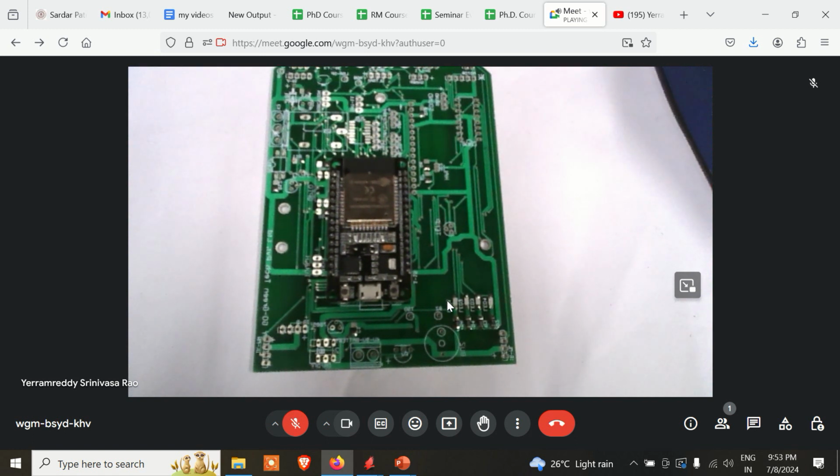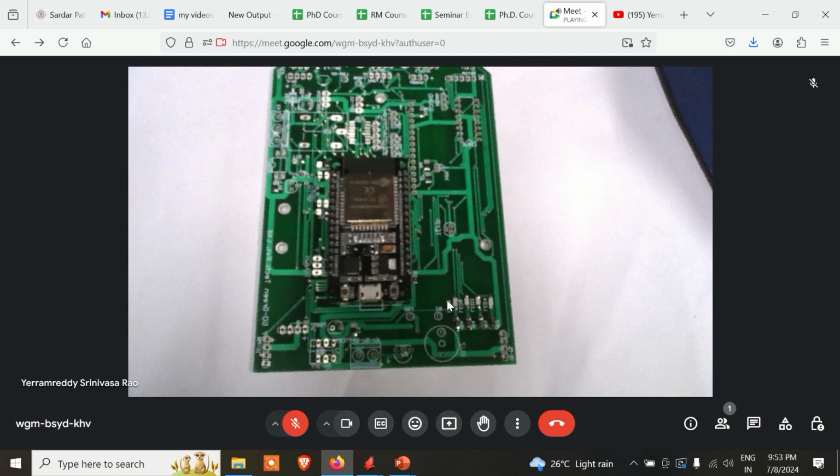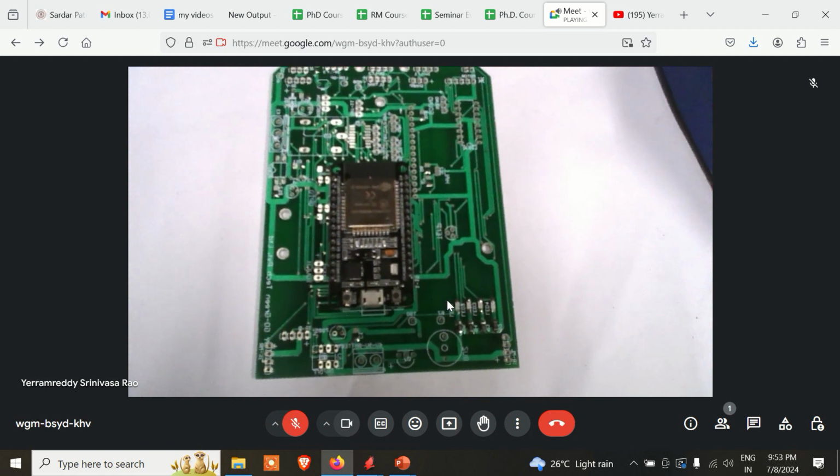So let me solder 3 more pins. Exactly cut the 4th pin so that nothing will happen to the 3rd pin. The 3rd pin should not be damaged.